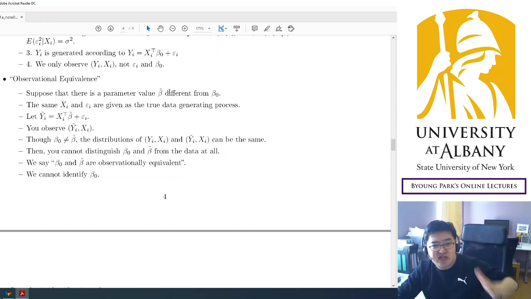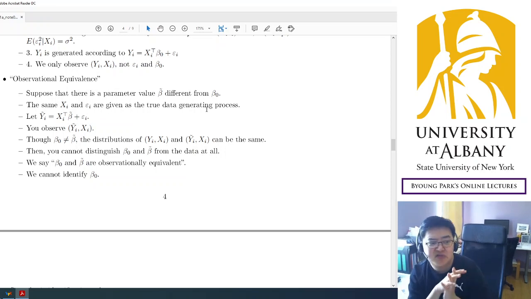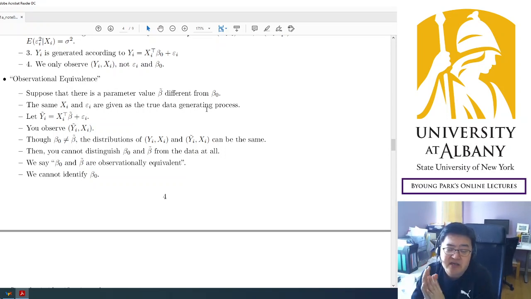So the data are generated in the same steps, but we use a different parameter value, and we observe y tilde and x. In the linear regression model, this is not possible, but in more complicated examples, even though beta 0 and beta tilde are different, the observed distribution could still be the same. That's possible when the model becomes more complicated. In this case, beta 0 and beta tilde are observationally equivalent.